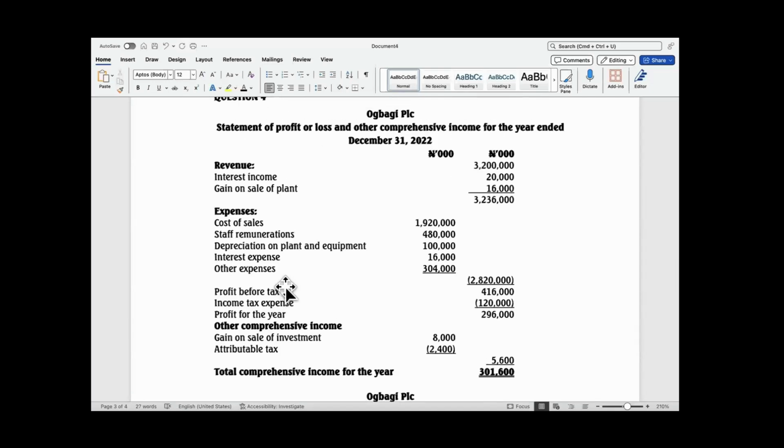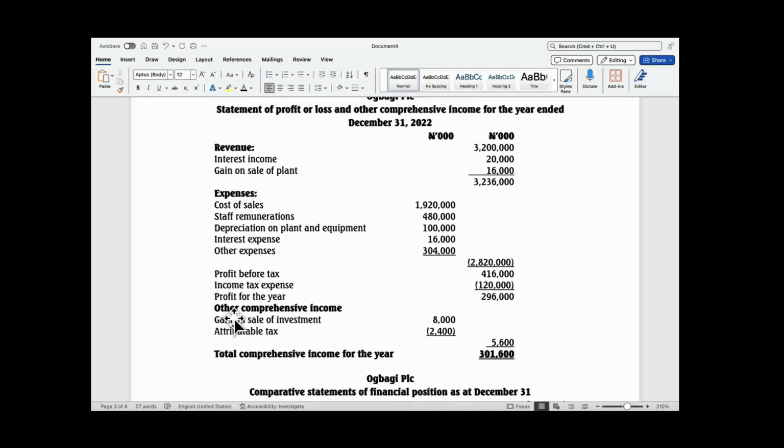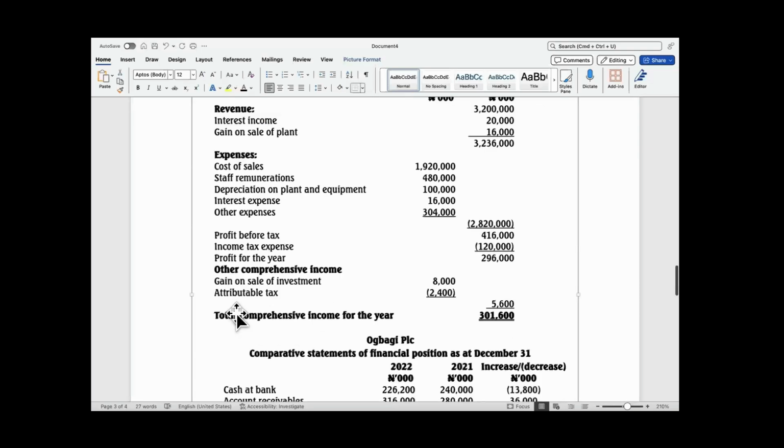In fact, if you look at your total comprehensive income from here, what operating activities wants to get is that out of this 301,600, I don't know if you can all see it, how much of it is cash? How much of it is cash? That is what operating activities looks at.